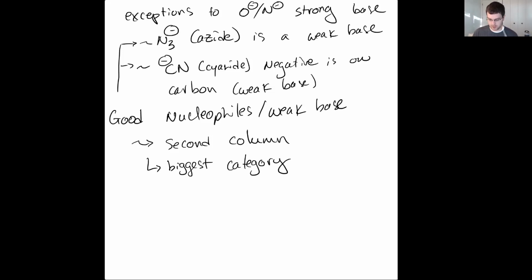Okay, this could be things like I minus, I mentioned CN minus, N3 minus, just trying to think of, I guess I'm blanking on the examples, but these are the examples that don't fit the other three categories.